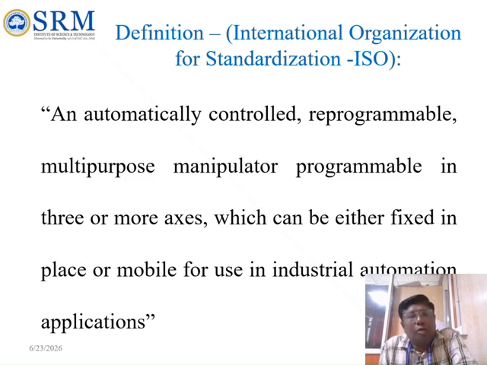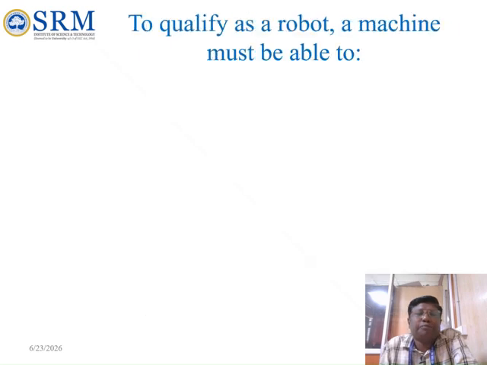It should be a multi-purpose manipulator, so the end effector should not be fixed for a particular application. It can have 3 or more axes, the basic one being 3 axes. The robot can be fixed at a single location, or it can move to the required location in industrial automation and perform the operation.